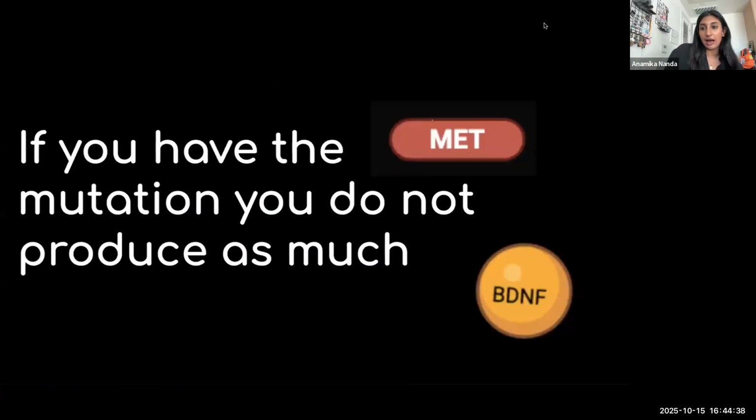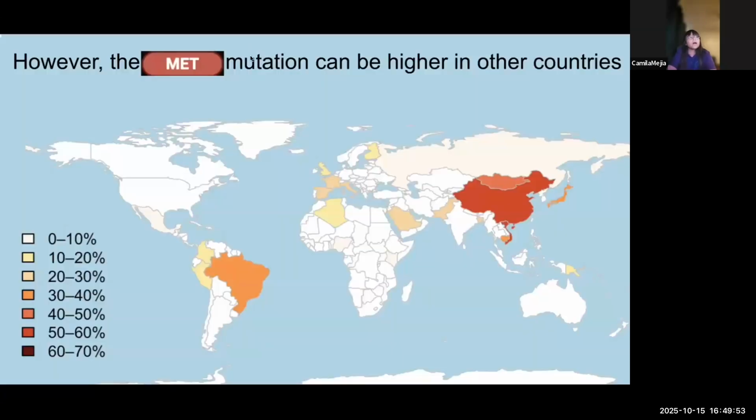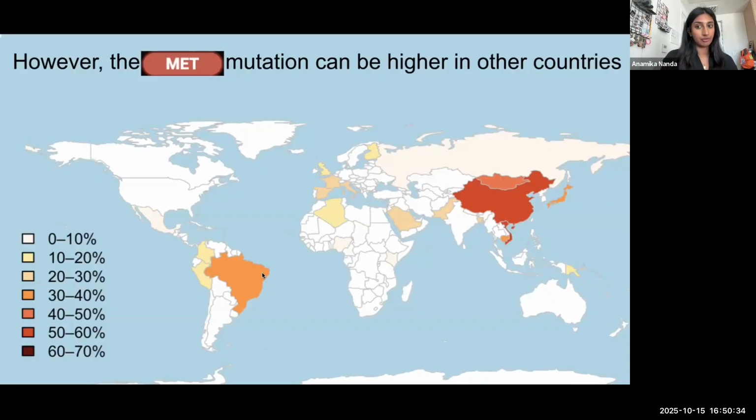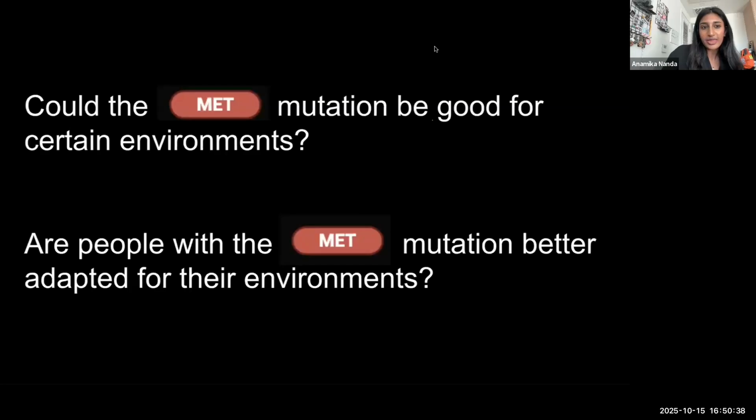And if you do have this mutation, you don't produce as much BDNF. So one might think that having this mutation isn't a good thing. And looking at this world map, we can see that in different areas of the world, more people have this mutation. Sometimes some traits are better fit for different environments and different areas within the world.